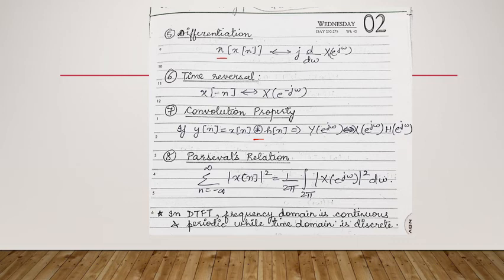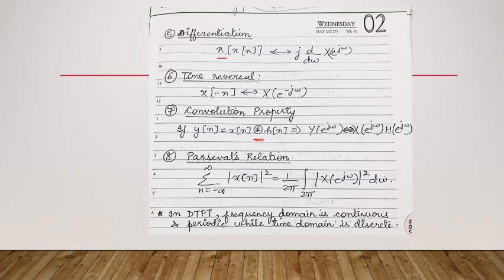So this would be given by the product of the individual DTFTs of x(n) and h(n). So it can be clearly seen that in the time domain we are using convolution, and this convolution gets converted to simple multiplication in the frequency domain. This property is very useful in the analysis of systems where taking convolution is very complex. So we prefer the multiplication scenario.